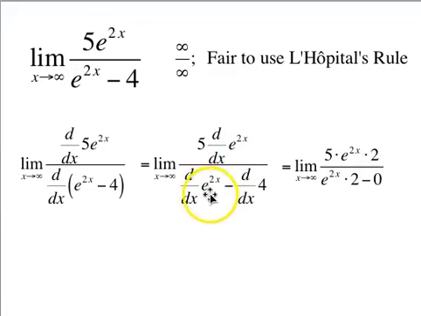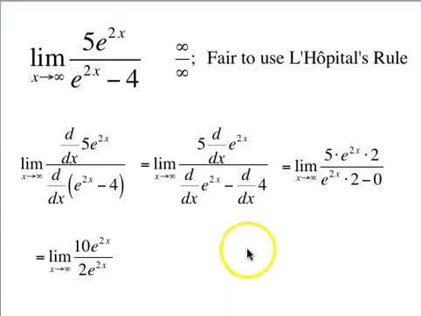On the bottom, the derivative of e to the 2x is e to the 2x times 2, and the derivative of 4, the derivative of any constant, is just 0. Simplifying the algebra, we take the limit as x goes to infinity of 10 e to the 2x over 2 e to the 2x. The e to the 2x's cancel, and 10 divided by 2 is 5. We have the limit as x goes to infinity of 5, which of course is just 5.